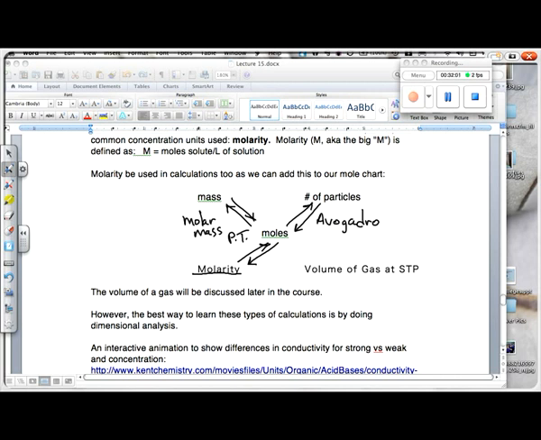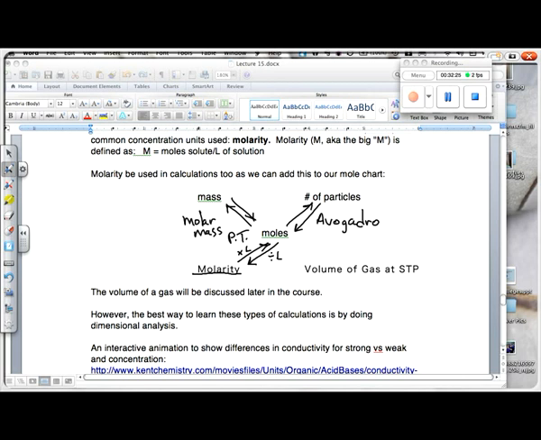So when I have a molarity and I want to get to moles, I multiply times the volume in liters. To get a molarity, you take the moles of solute and you divide by the liters of solution. And we will talk about this fourth one in exam 4 material, right at the end of the course.